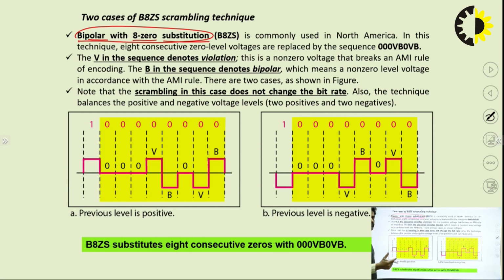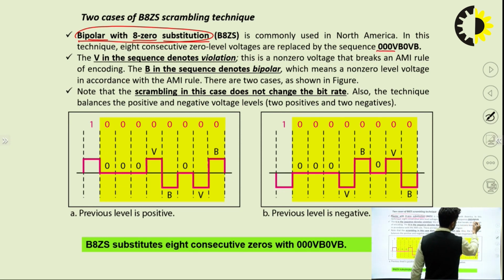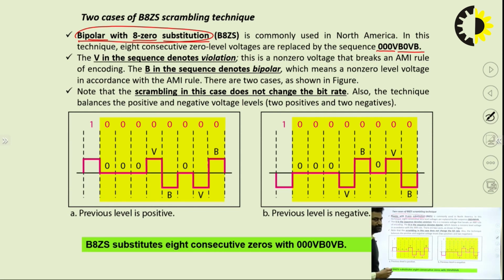Whenever a long string of eight 0s comes, we will replace the data by this term 000VB0VB, where V denotes the violation and B denotes a bipolar.